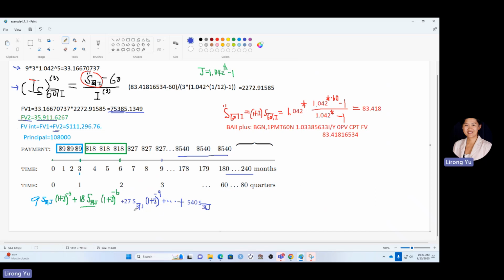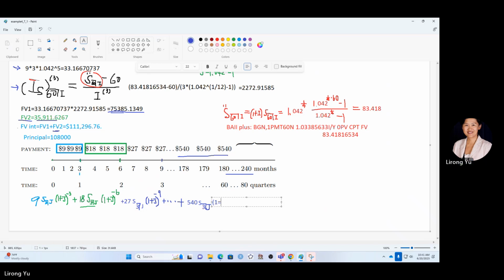And so this is being multiplied by 1 plus j to the power of, let's see how many of them. 3, 6, 9.